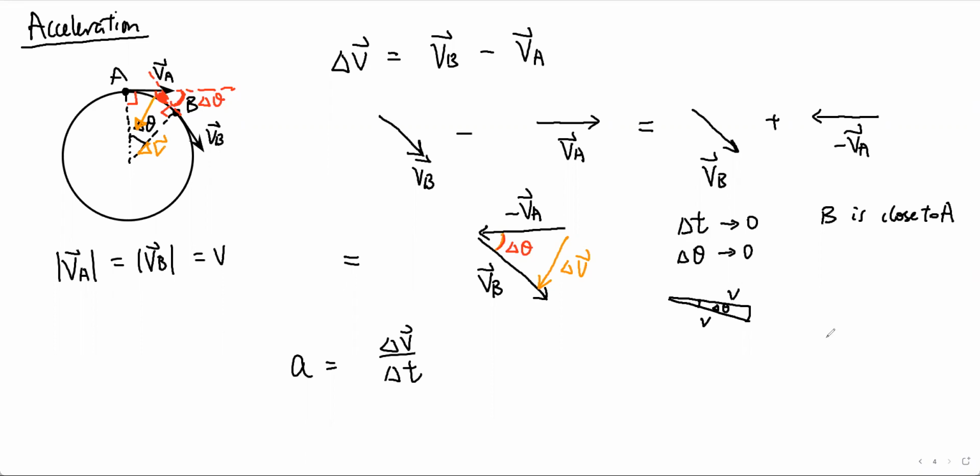Then you may consider if the angle is very small, then it's very close to 0. If the time is very small, then it's very close to 0. The angle is very close to 0. And then at that time, we can consider this as a sector of a circle, with angle theta.